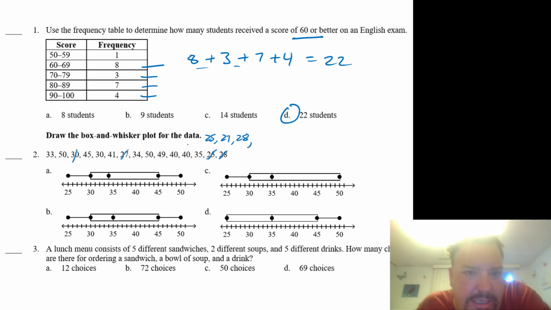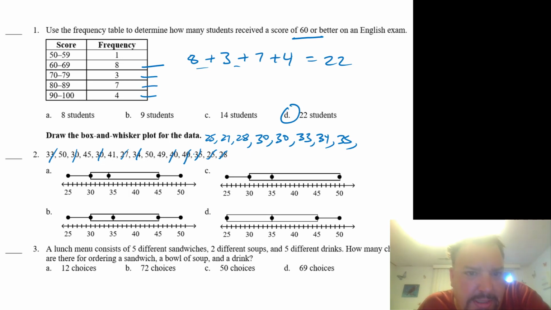And we've got a 30 here. And another 30. 33 looks like it's next. 34. 35. Hopefully I'm not missing any.